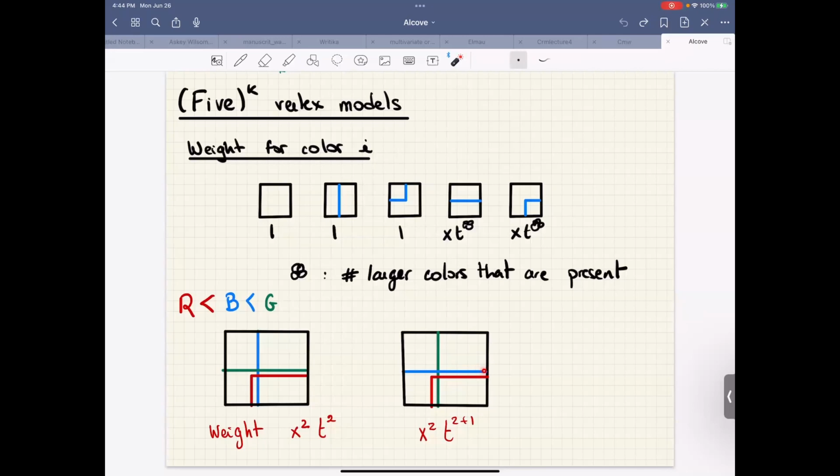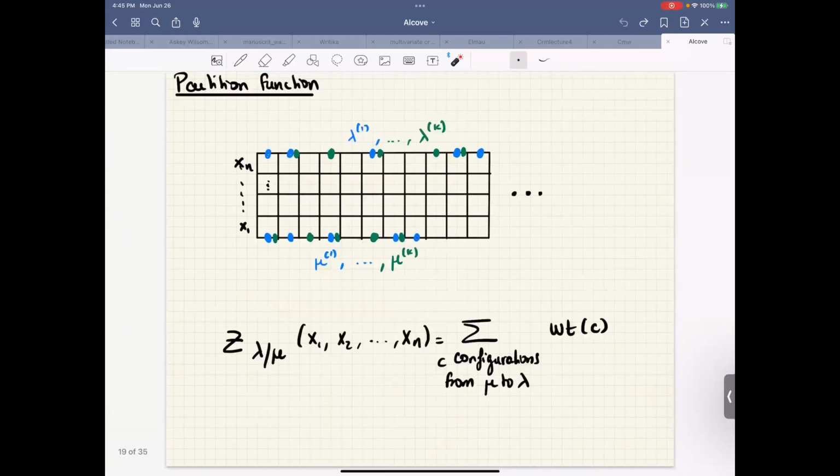And here blue leaves, so the red still takes a t squared, but now when blue leaves on the right here, it gets an extra t. And so we are doing the same thing as what we were doing before, except now on the left we choose to be empty, on the right we choose to be empty.